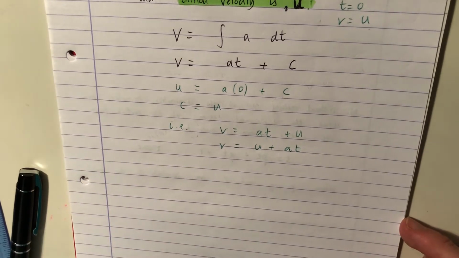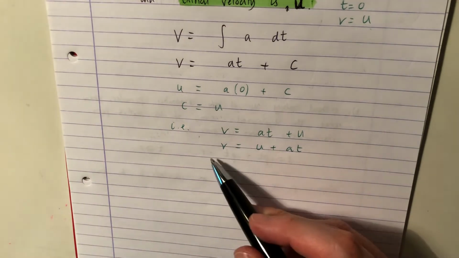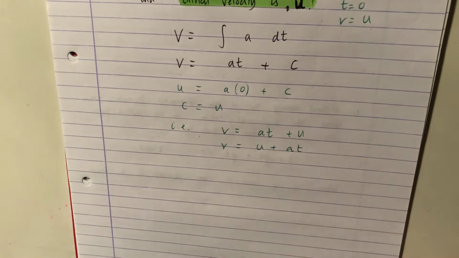Let's see if we can get any of the others. If you've got the formula for velocity and you want to work out the formula for displacement, then you integrate again.